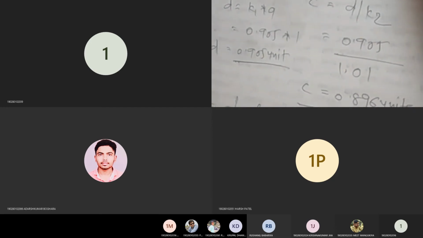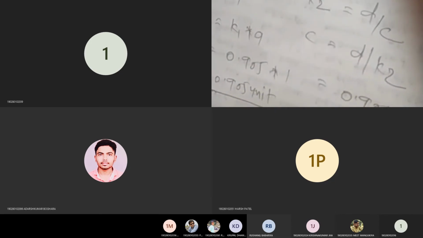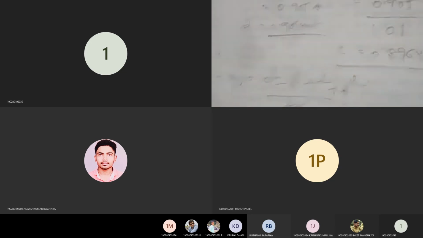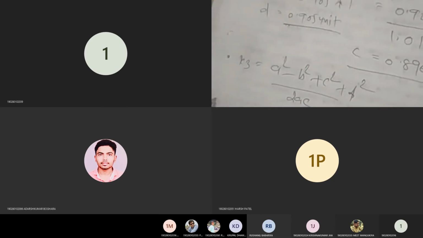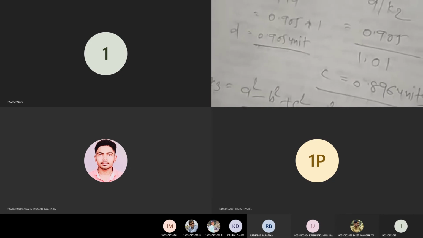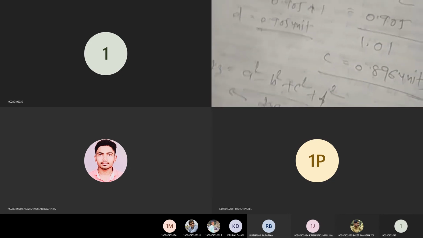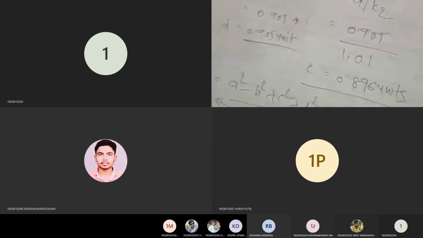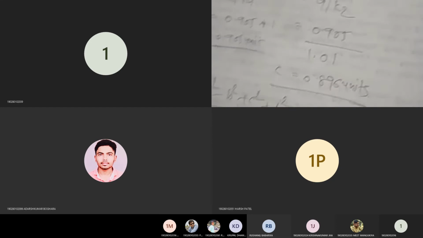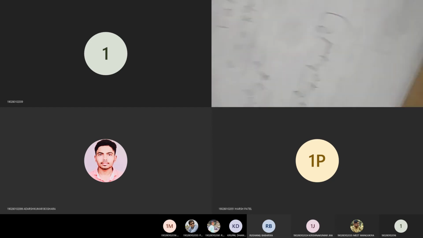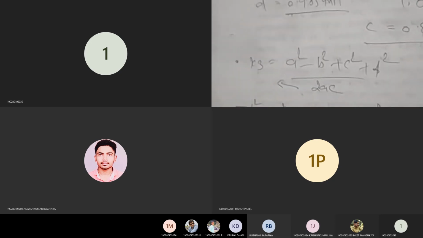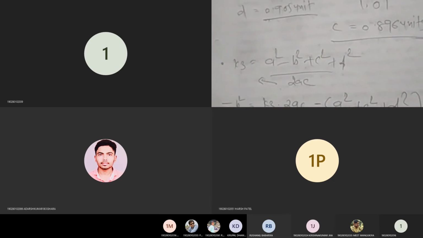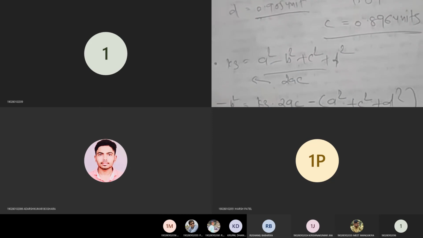Here, b is the unknown for us, so we put b on the left side, so b square is equal to k3 into 2ac, minus, in the bracket, a square plus c square plus d square.